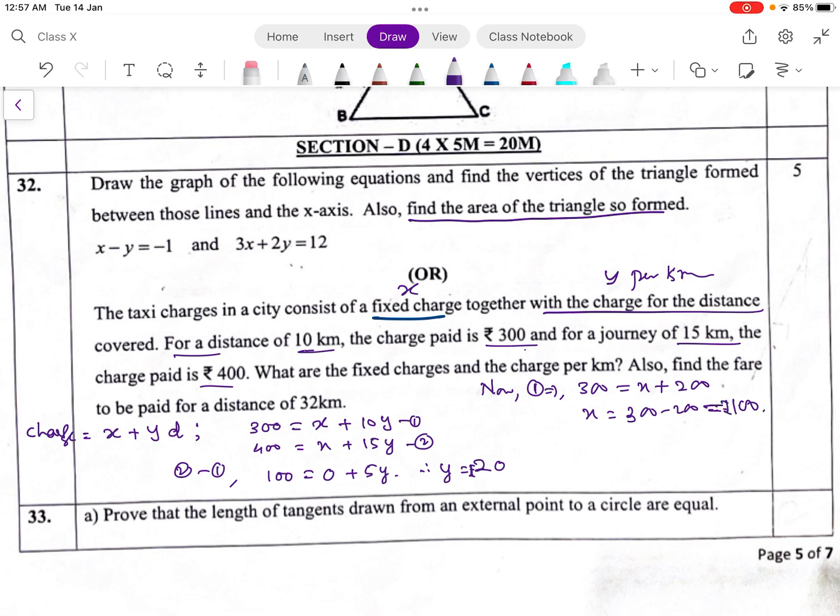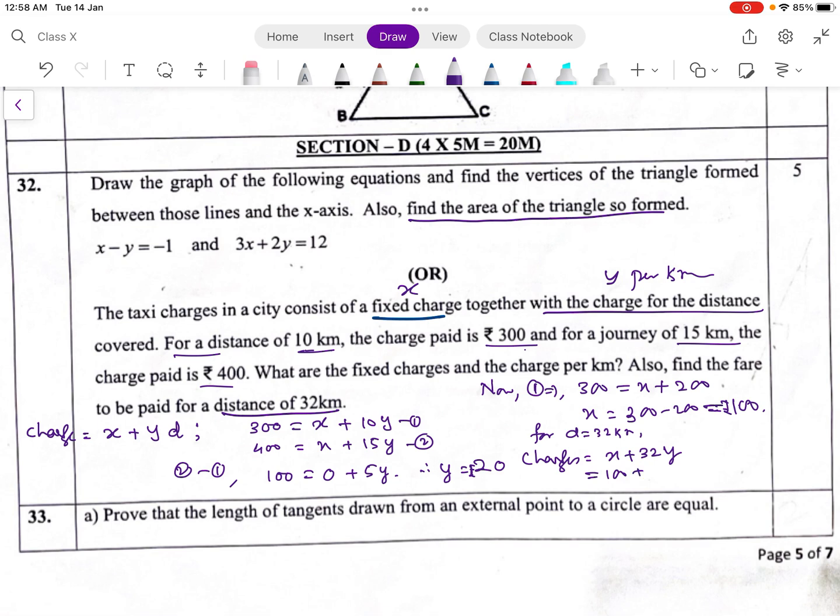Now they have asked for the charges for a 32 kilometer journey. So for d equals 32 kilometers, the charges will be x plus 32y, since d is 32.